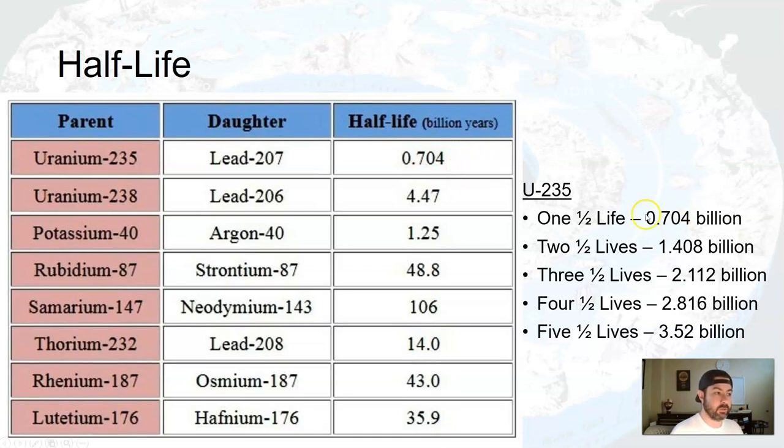So you're just multiplying: however many half-lives it's gone through, you take the half-life time and multiply it by that number. Two half-lives, 0.704 times 2 is 1.408 billion. 3 half-lives, you take this times 3. 4 half-lives, this times 4. 5 half-lives, this times 5. We'll probably go over these types of problems in lab, and I'll walk you through them once we get there. I still have to make the lab.